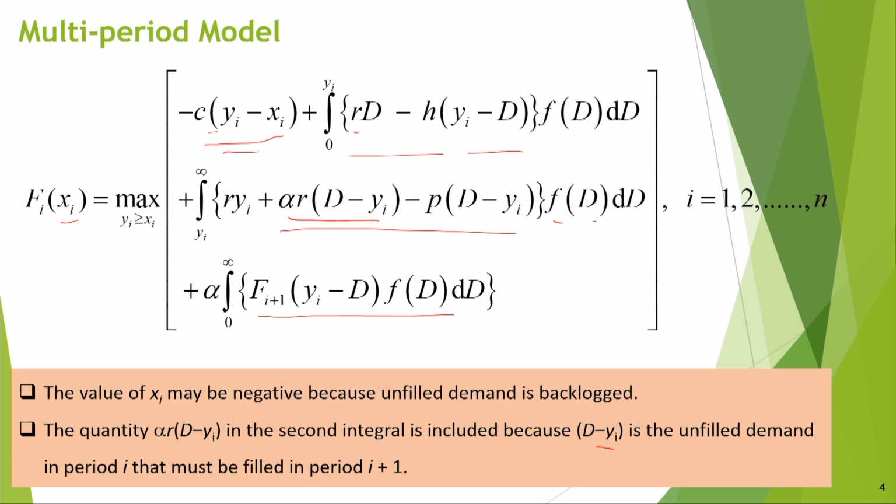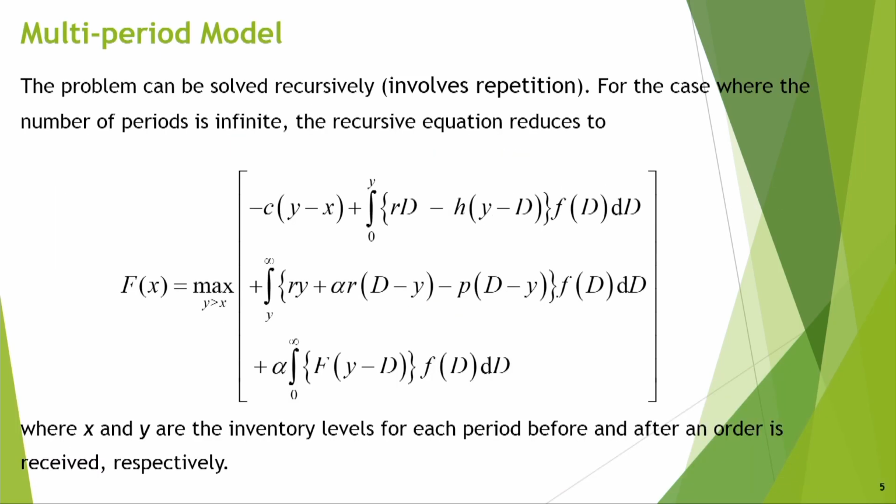So, d minus yi is the unfilled demand, and it would have generated this much revenue, but this will not be available to me now, it will be available in the next period, that is i plus 1. So, therefore, I am discounting it and multiplying it by alpha r. So, this way these types of things have been written.